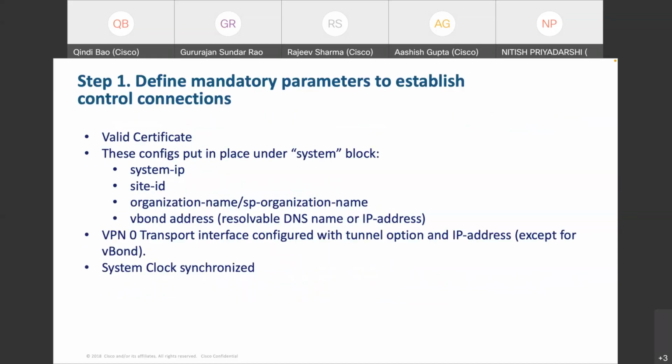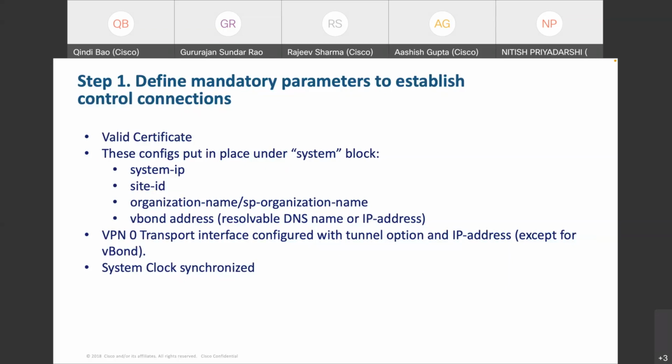So step 1, we need to define some mandatory parameters. That means the device has to have a valid certificate. And under the system configuration, we have to configure 4 parameters as a minimum. The first one is the system IP, and the second is the site ID. The third one is the organization name, and the fourth one is the vBond address.